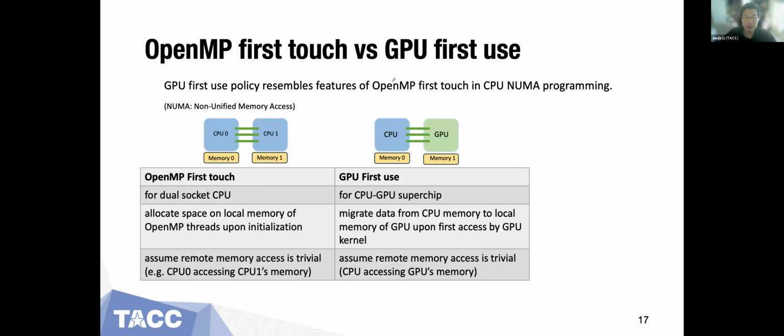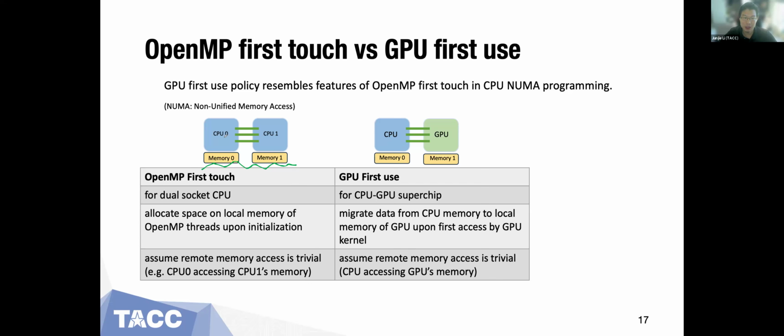And here's a comparison of the OpenMP first touch with GPU first use, and OpenMP first touch exists in almost every OpenMP code. On the left, the picture shows you a simplified dual socket CPU architecture. You have CPU 0 and CPU 1 connected by some interconnect, and you have a memory associated with each CPU socket. On the right, we have the Grace Hopper architecture. We have CPU and GPU tightly integrated, connected, and each has its own local memory as well.